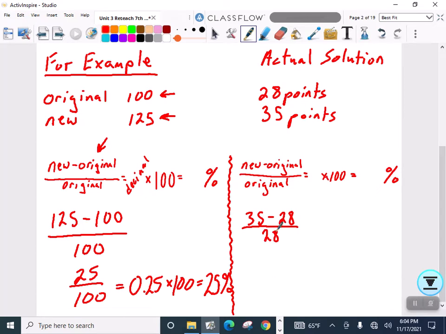So what I end up with is 7 over 28. That equals 0.25. I'm going to multiply that times 100, and that equals 25%. So as it worked out, my example and my actual solutions were both 25%, but it's not necessarily that way.